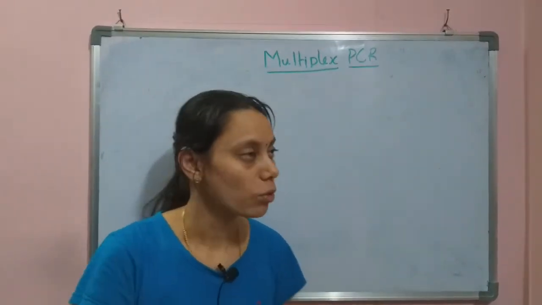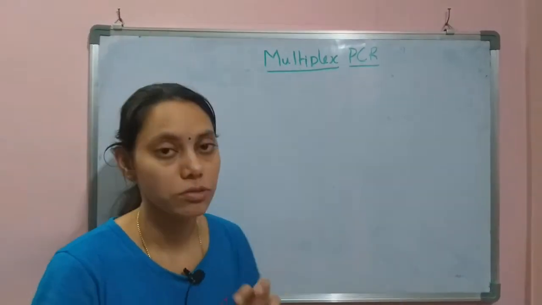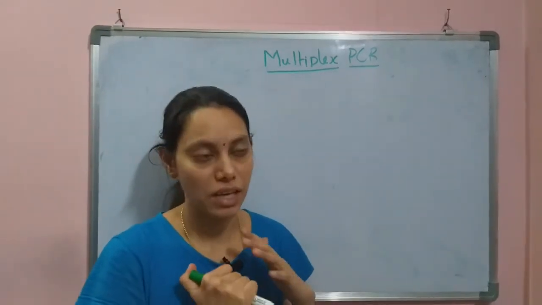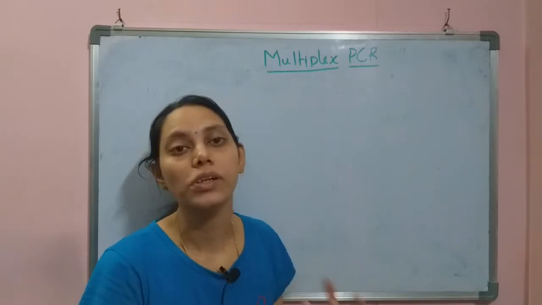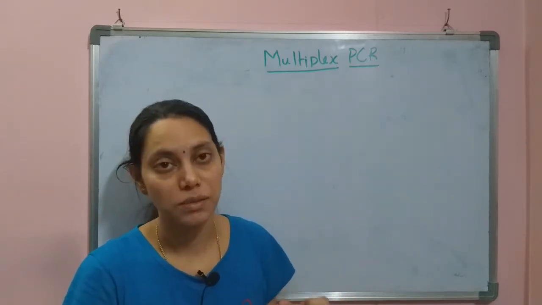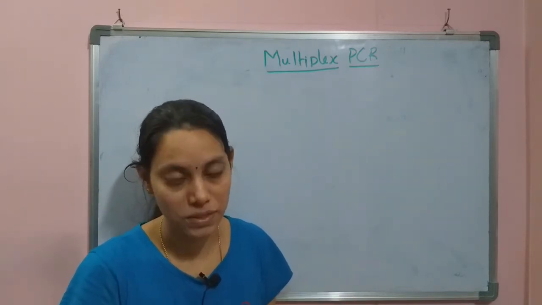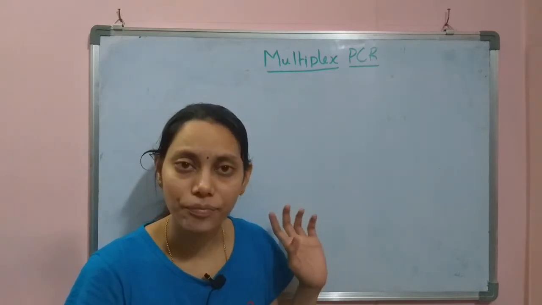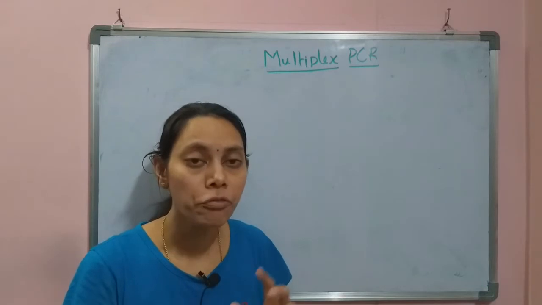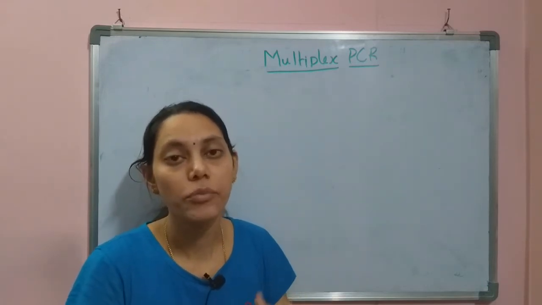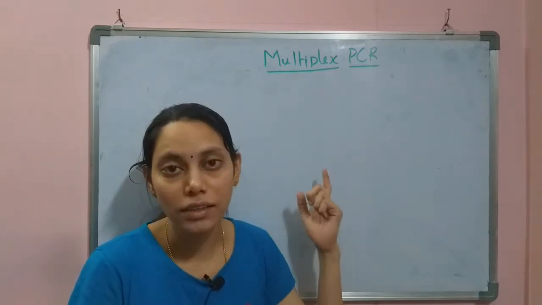So basically what is multiplex PCR? These PCR reactions are generally expensive. That means the chemicals present in the PCR mixtures are expensive, and these experiments are time taking. So what we do is pool a number of reactions into a single reaction.